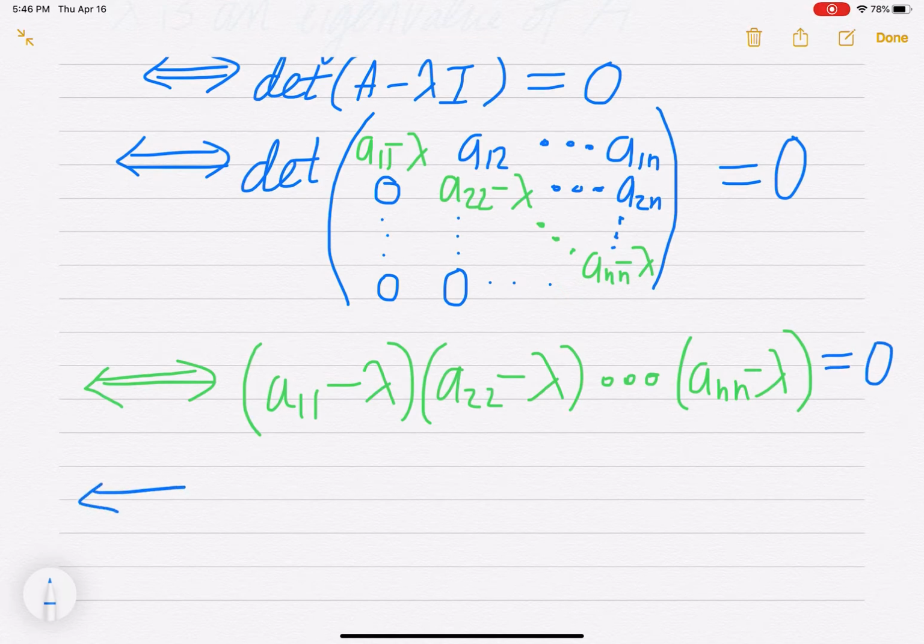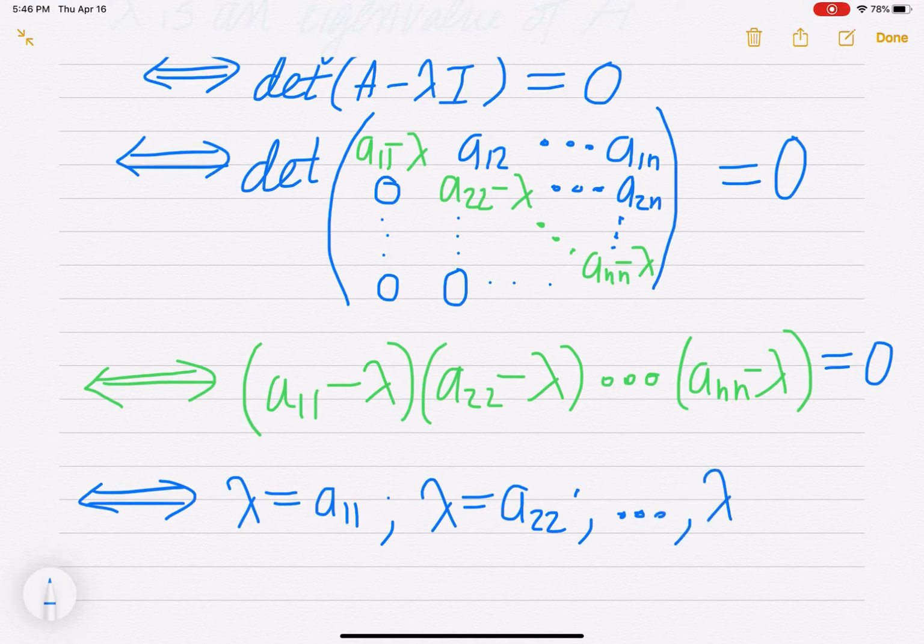So this is equivalent to saying that if you have this product of entries equal to 0, that forces lambda to be A11. Lambda also could be A22, and so on.